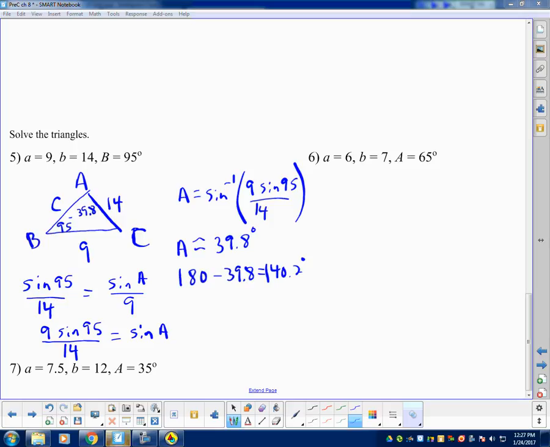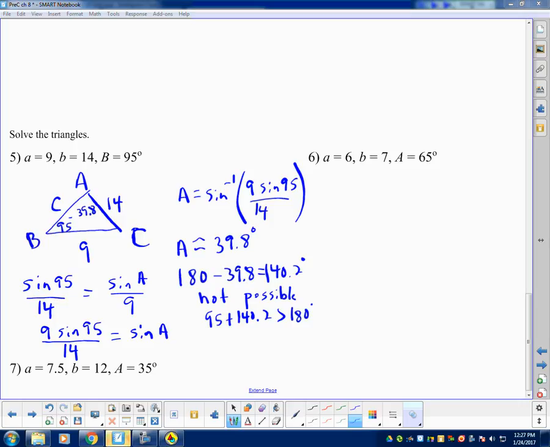Not possible. And we might want to write this down. Why? Not possible. Because 95 plus 140.2, what does that equal so far? If it is bigger than 180, then we don't even need to know what it is. But would you agree it's over 180?